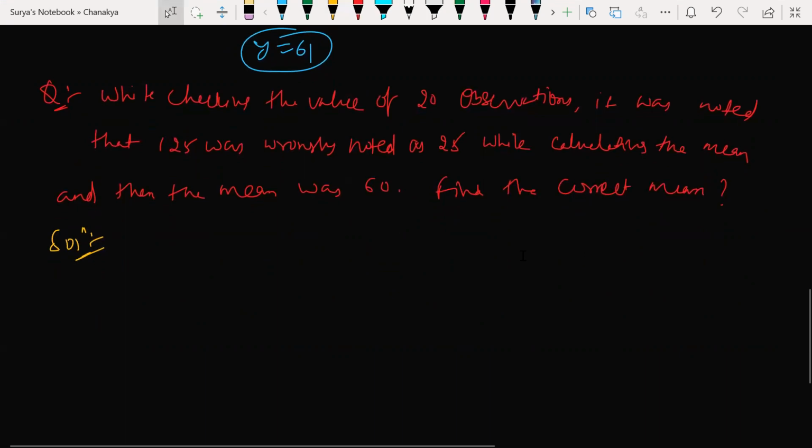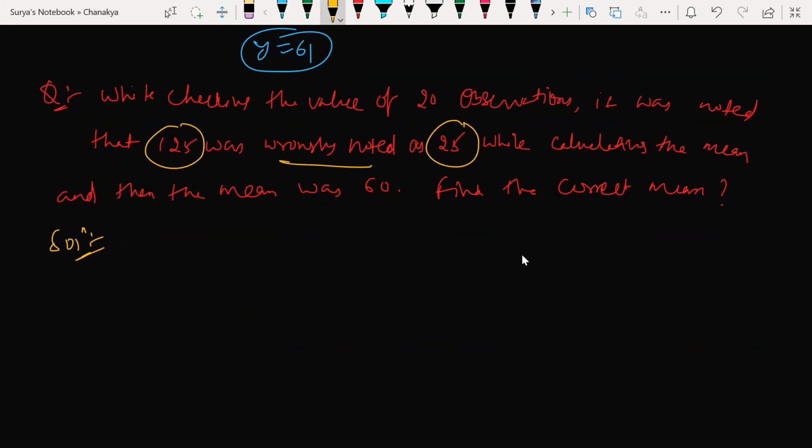While checking the value of 20 observations, it was noted that 125 was wrongly noted as 25 while calculating the mean, and the mean was 60. Find the correct mean.